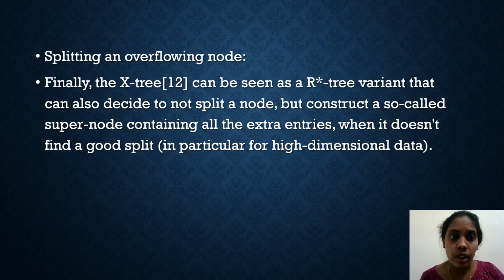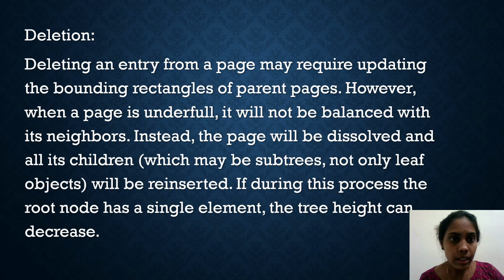Splitting and overflowing nodes. Finally, the X tree can be seen as an R tree variant that can also decide not to split a node, but construct a so-called super node containing all the extra entries when it doesn't find a good split, in particular for high dimensional data. Deletion.